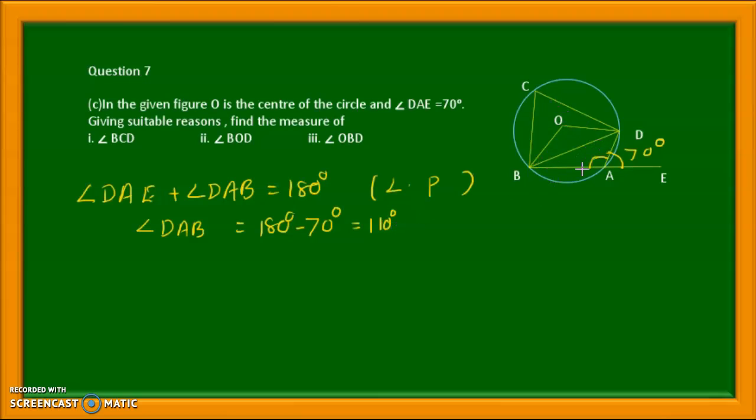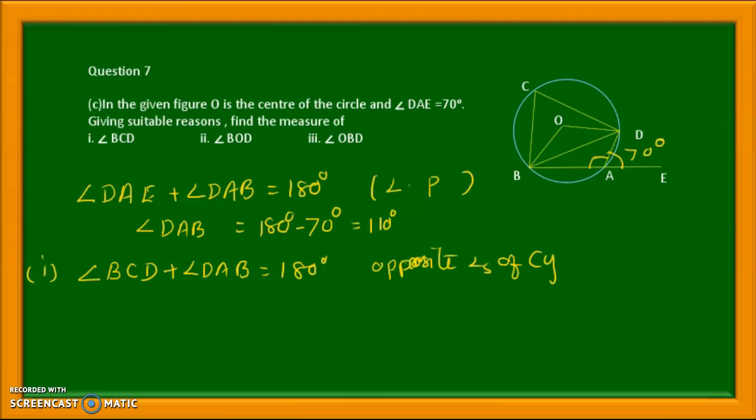You can see ABCD is a cyclic quadrilateral. Therefore angle BCD plus angle DAB equal to 180. Reason: opposite angles of a cyclic quadrilateral are supplementary.